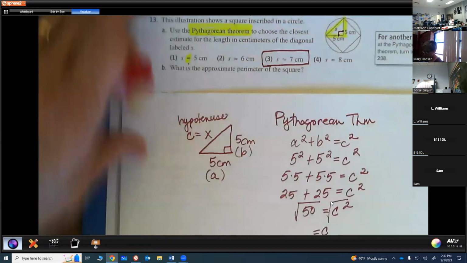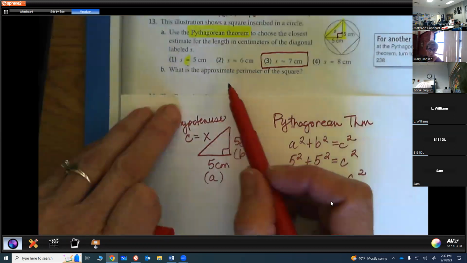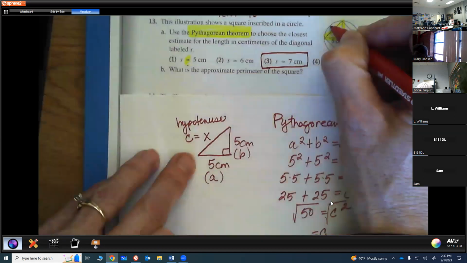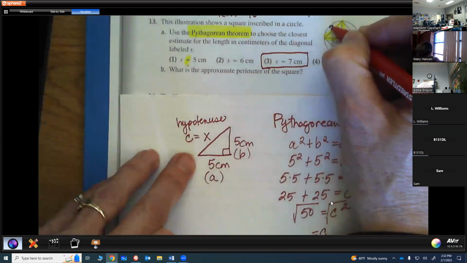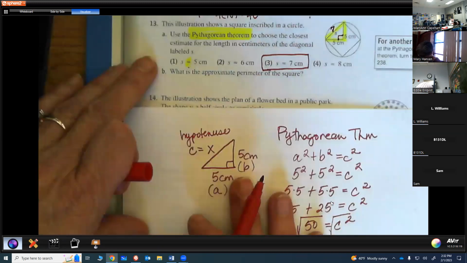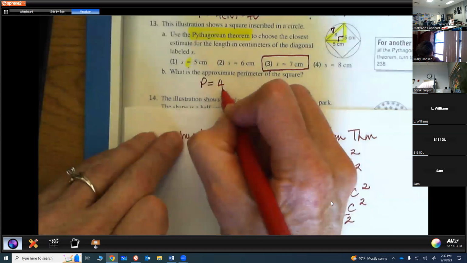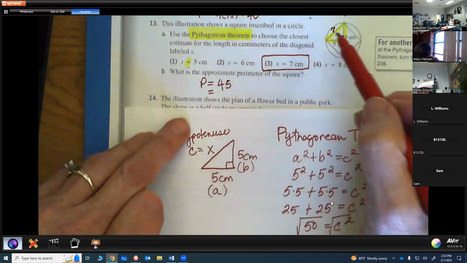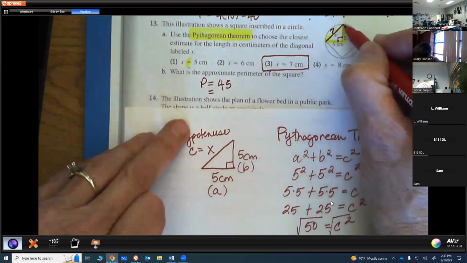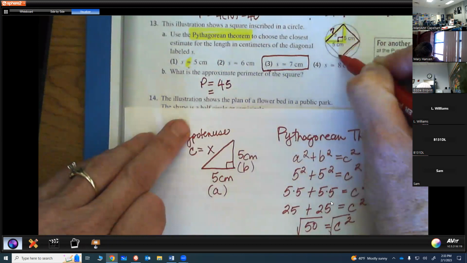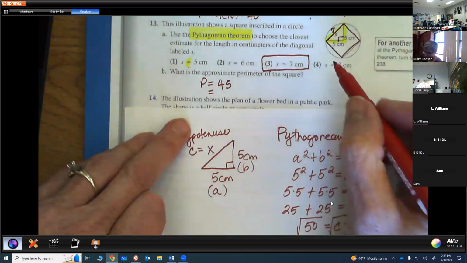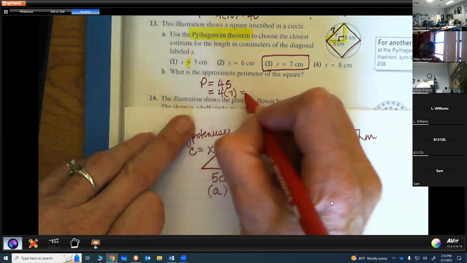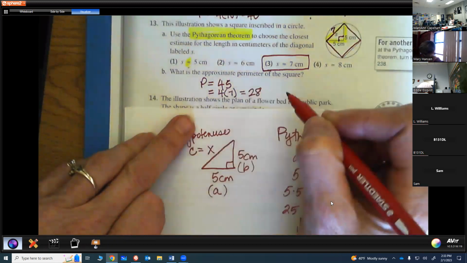Then it's asking for the approximate perimeter of my square. This side here is approximately 7. If each side is about 7, I take 4 times 7 and I get 28 centimeters.